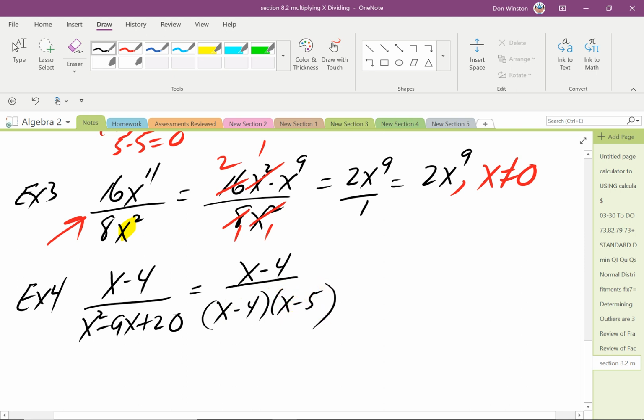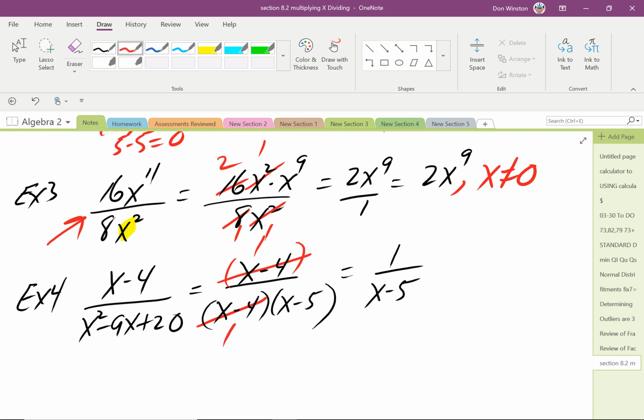Now, x minus 4 is a factor in my numerator, and x minus 4 is a factor in my denominator. I guess I could put parentheses around that if I wanted to. But x minus 4 and the x minus 4 can cancel out. And here I'm just left with 1 over x minus 5.